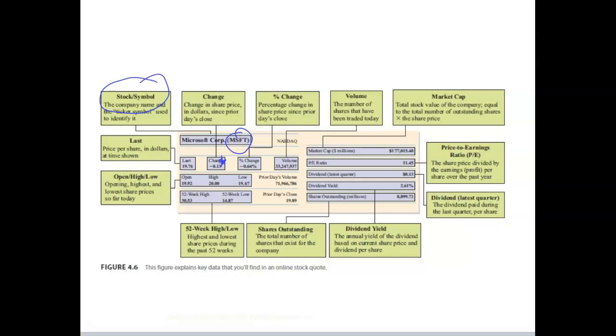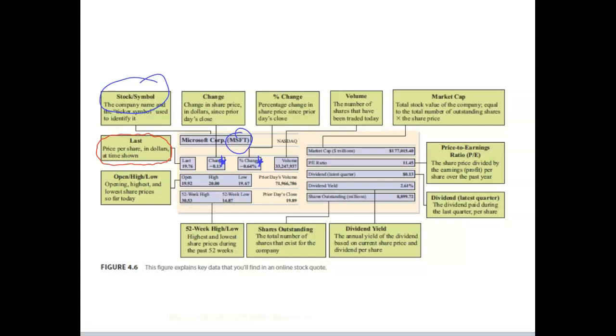You have the percent change in share price from the prior day's close. So this is giving you the same information, just percentage-wise. So it's gone down 0.64%. And then this is the last price a share sold for. So the last share sold for $19.76. And then just a whole bunch of other information.